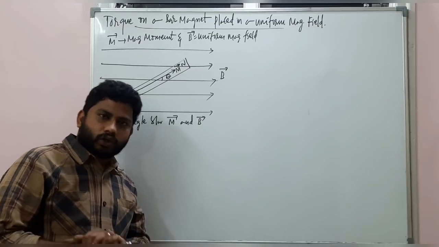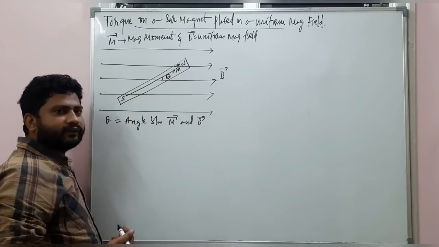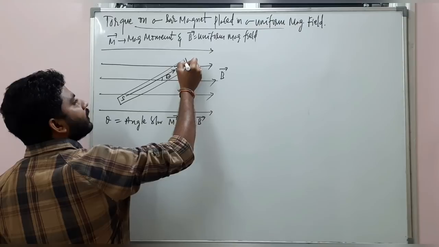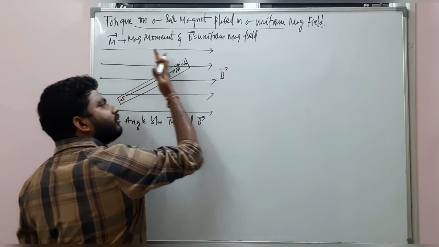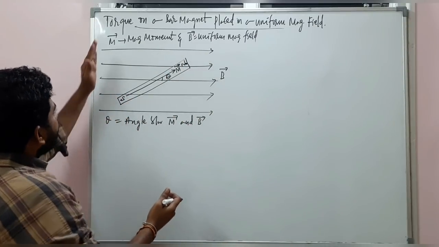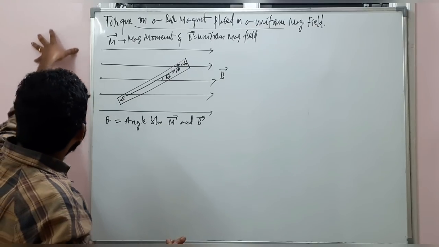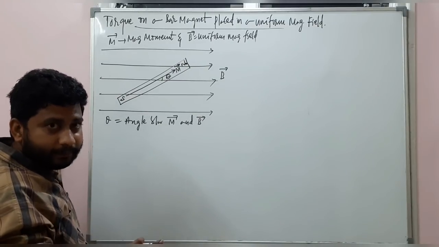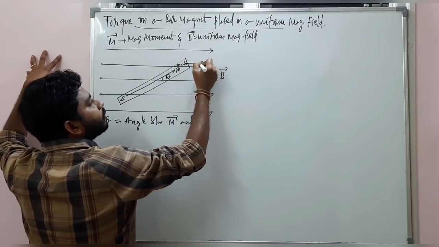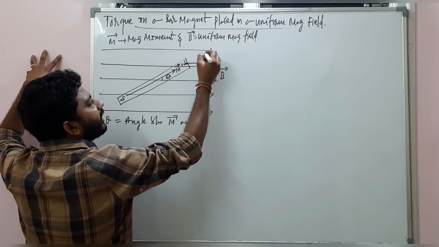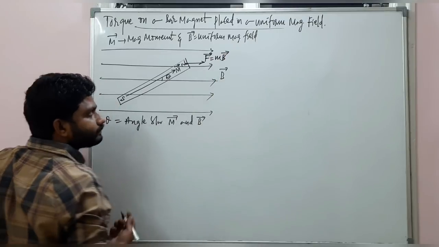Let's talk about the torque. Before going into the torque, in the last class we have discussed there will be a north pole and south pole here. As the magnetic field lines are moving in this direction, left side of this diagram, you need to imagine or assume there is a huge north pole available here. And this north pole will definitely repel this north pole of the bar magnet with a force F bar that is equal to M into B bar.